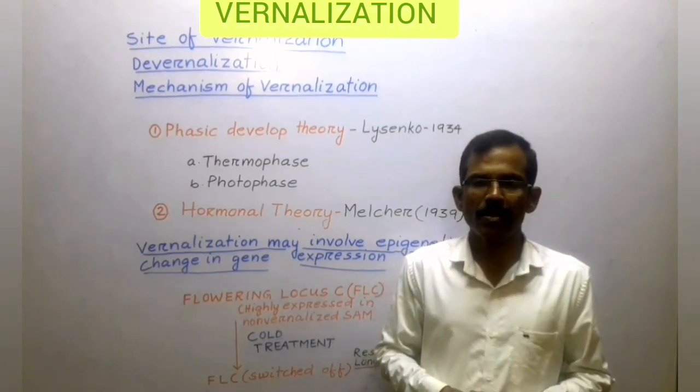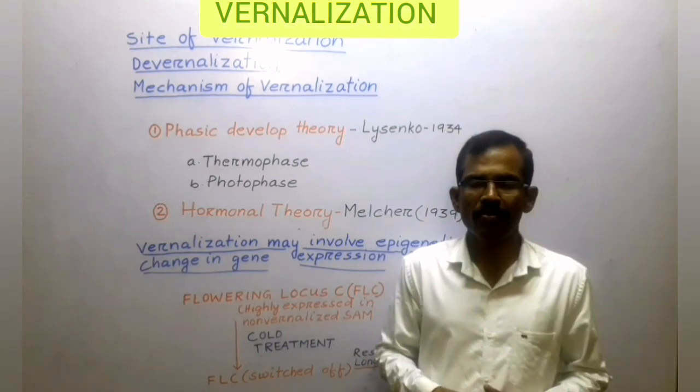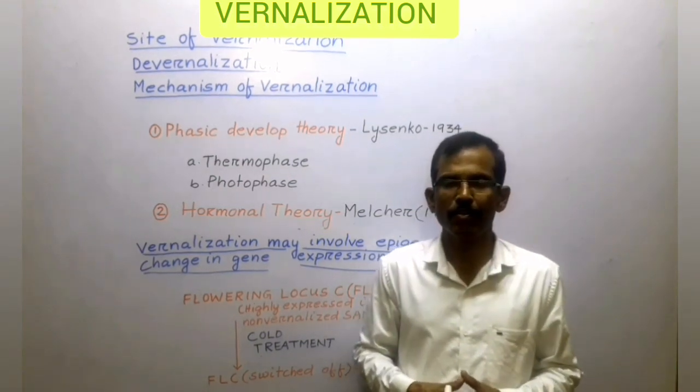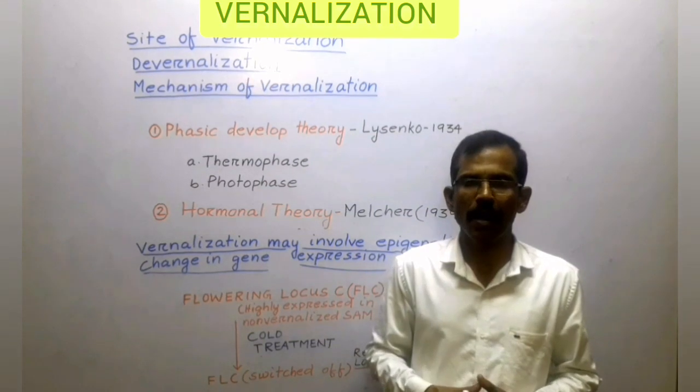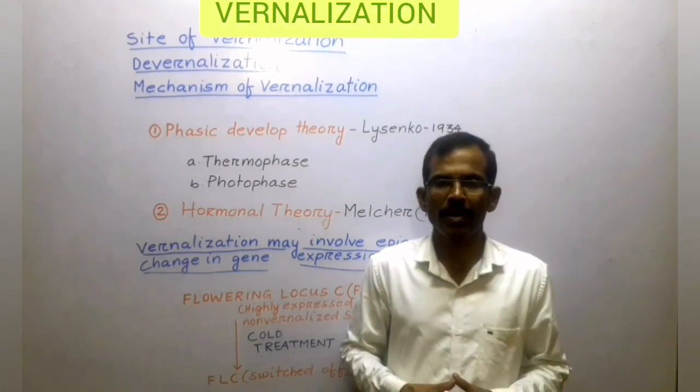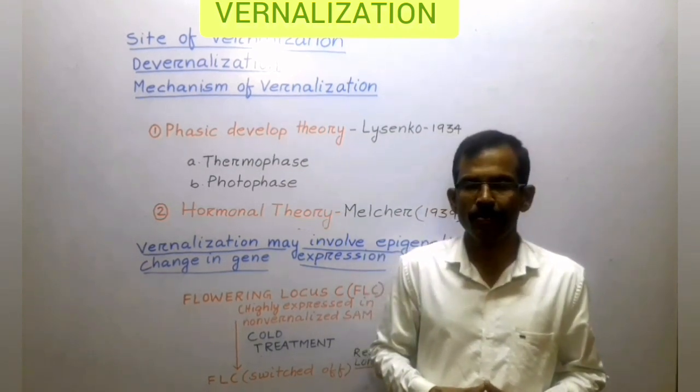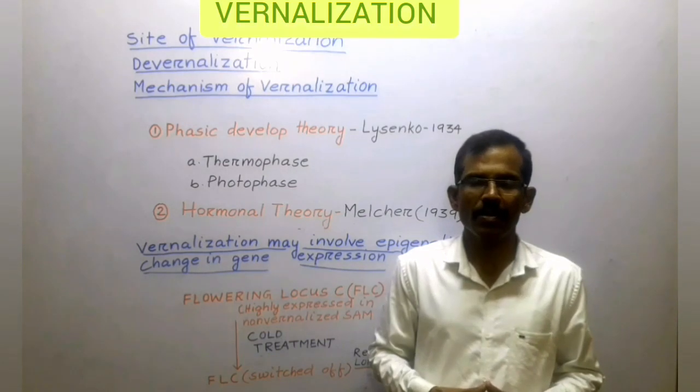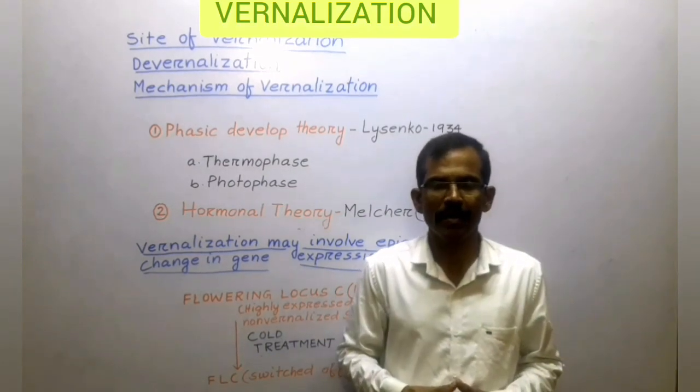It is because of vernalin, grafting of a vernalized meristem with a non-vernalized plant also induces flowering. The physical and chemical nature of vernalin is not known. It has neither been isolated or identified.